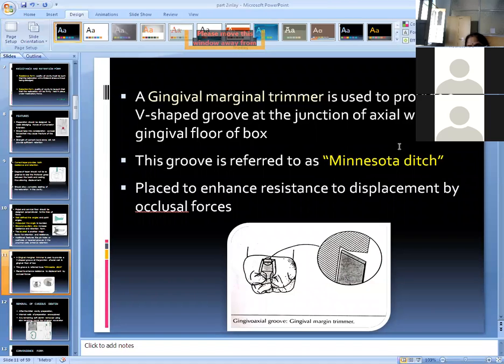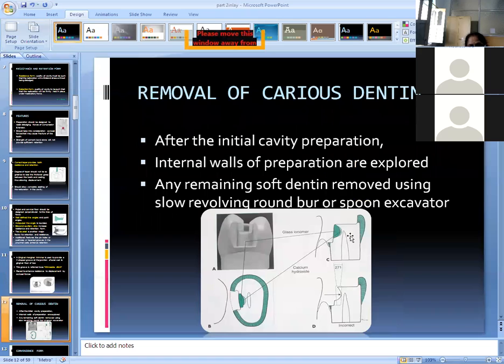In viva, if anyone asks you what the Minnesota ditch is, you should be able to tell them: the V-shaped groove prepared by the gingival marginal trimmer at the junction of the axial wall and gingival floor of the box. That will enhance the resistance form. And more importantly, as we discussed, whatever caries dentin is there has to be removed.